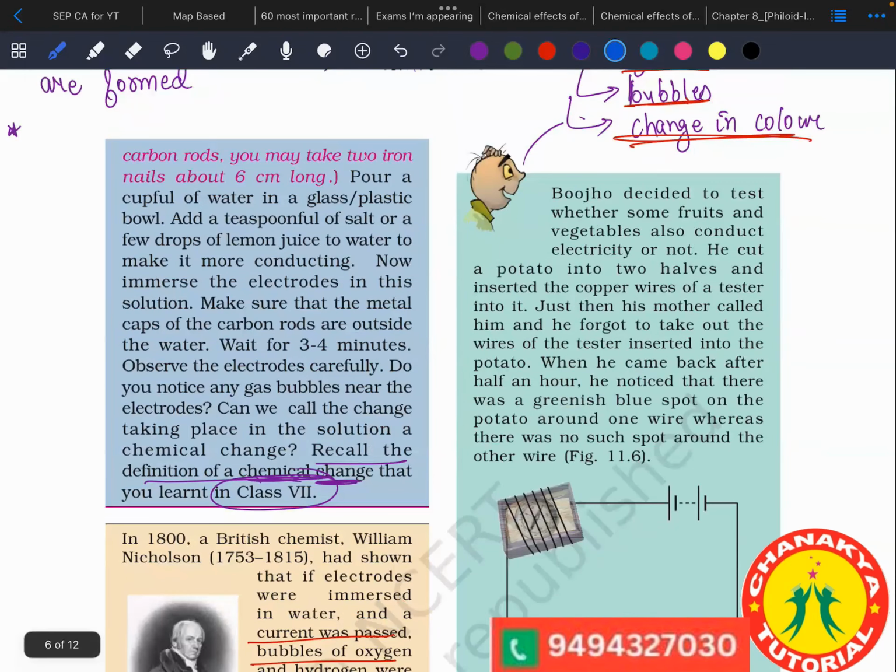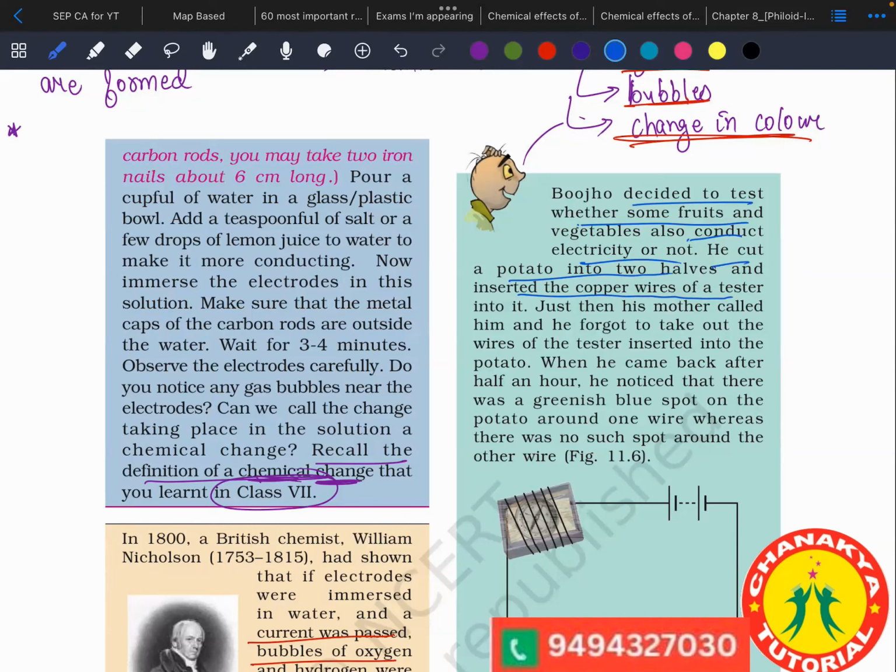Bojo decided to test whether some fruits and vegetables also conduct electricity or not. He cut a potato into two halves and inserted the copper wire of a tester into it. Just then, his mother called him and he forgot to take out the wires of the tester inserted into the potato.